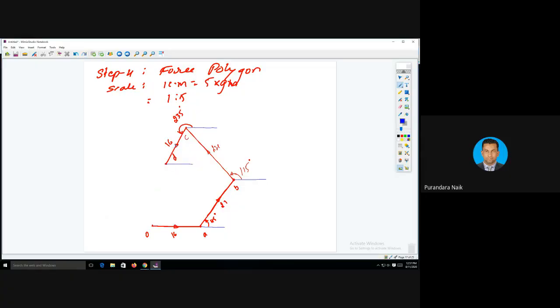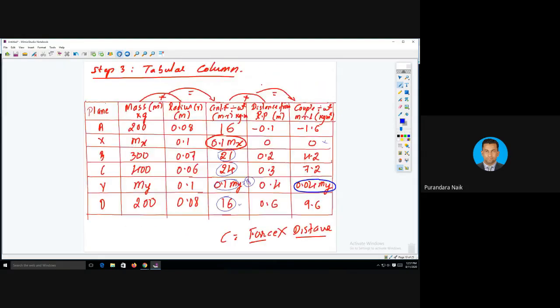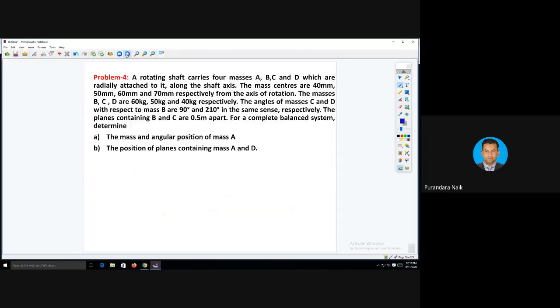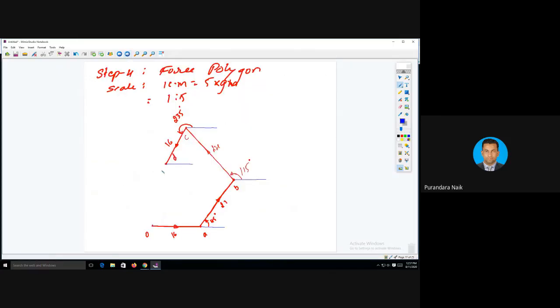Now, the next mass is My. We got 18, and the corresponding angle is 345. You need to measure the 345 degree angle, and the length is 18. We'll get the point somewhere here.